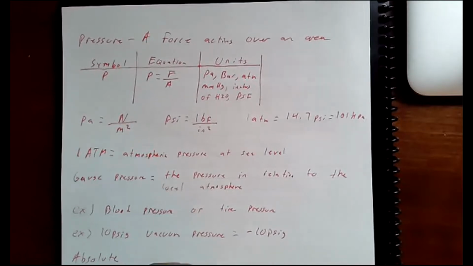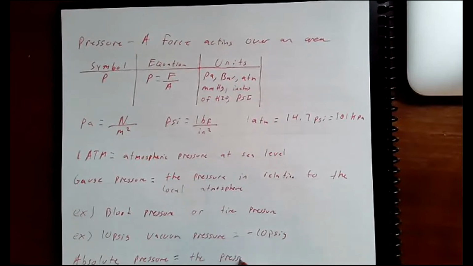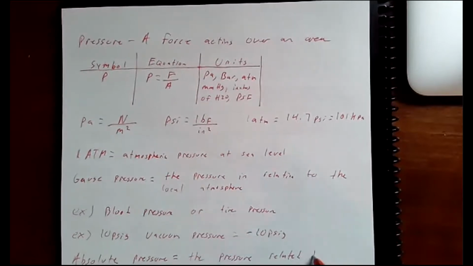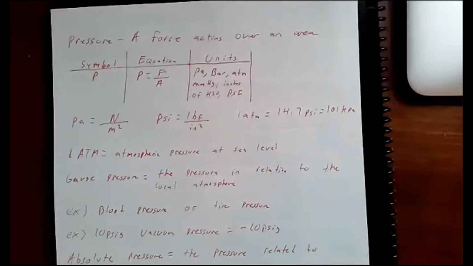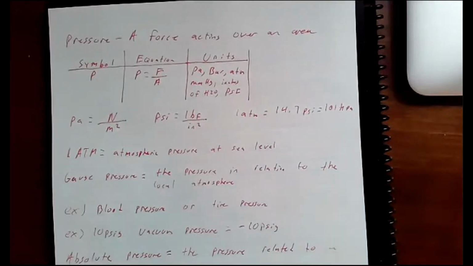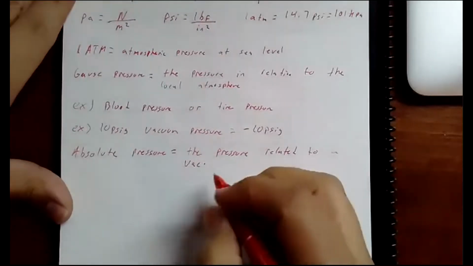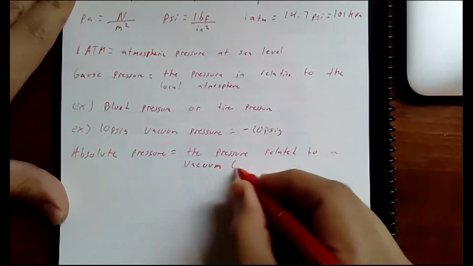Absolute pressure is the pressure related to a vacuum, which would be usually 0 psi.